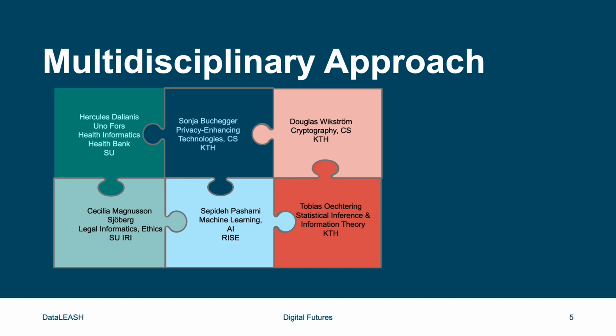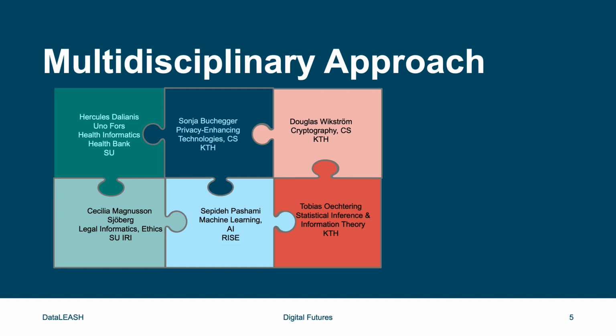We're taking a multidisciplinary approach. For example, at Stockholm University, we have people from health informatics and also the Health Bank, which is a collection of health data from the Stockholm region, and also from the Institute of Legal Informatics at Stockholm University.